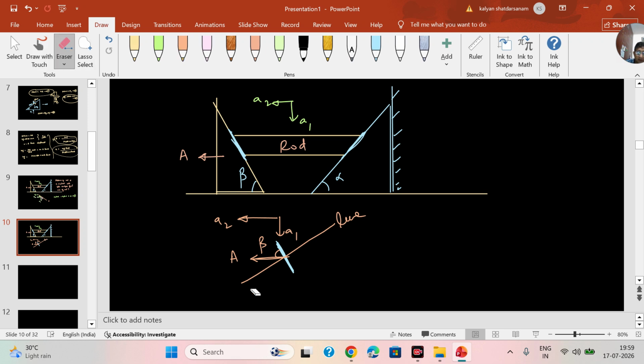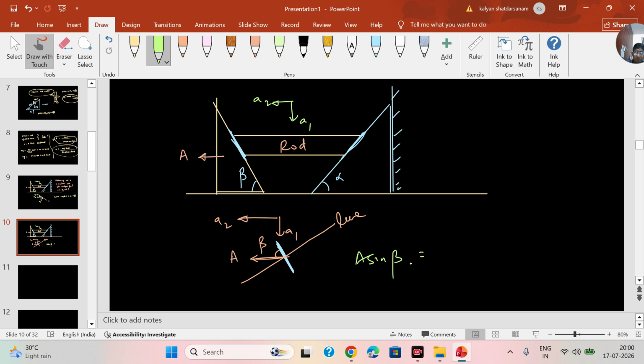Which line? This line. Why that line? Because this is the contact surface and perpendicular to the contact surface I must take the components of acceleration. So wedge acceleration along this line is A sin beta. How A sin beta? It makes beta with the blue line. So A cos beta is the blue component. A sin beta will be the component along the line. So A sin beta.